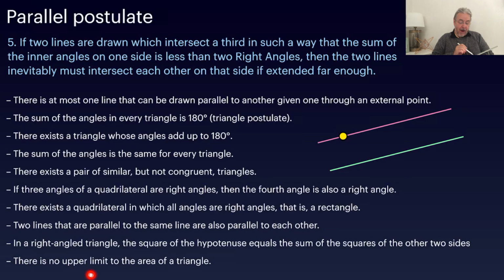There is no upper limit for the area of a triangle. So you see, if you take the first 4 axioms and consider them to be true, then if you prove that any one of those things here is a theorem, then you proved that Euclid's fifth postulate is actually a theorem.